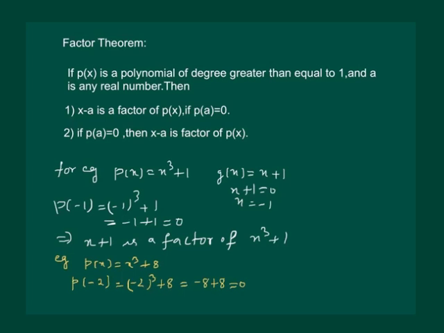So I have a value -2 for which p(-2) is equal to 0. Then according to the second statement of the factor theorem, x minus a means x minus of -2 will be a factor of p(x). This is same as x plus 2. So x plus 2 is a factor of x cube plus 8.